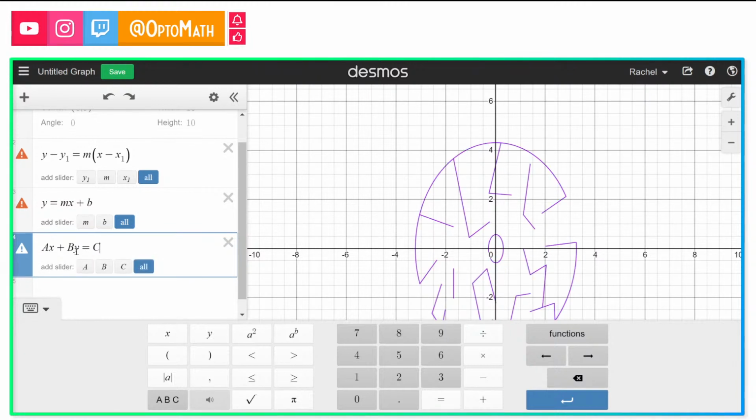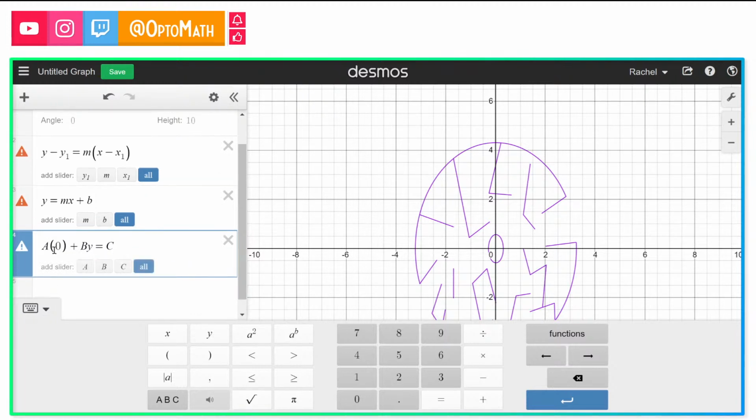But if you put a 0 in for your x, you'd find your y-intercept. And then your y-intercept would be c divided by b, because your a times 0 term goes away because it's 0, and then you just have c over b.